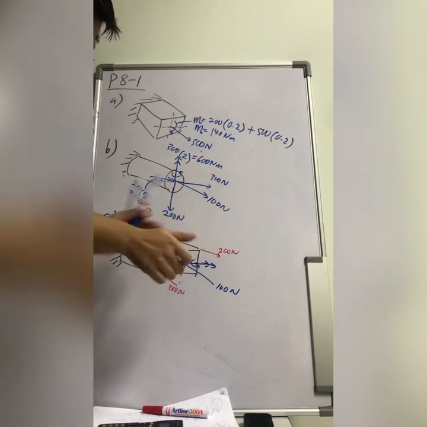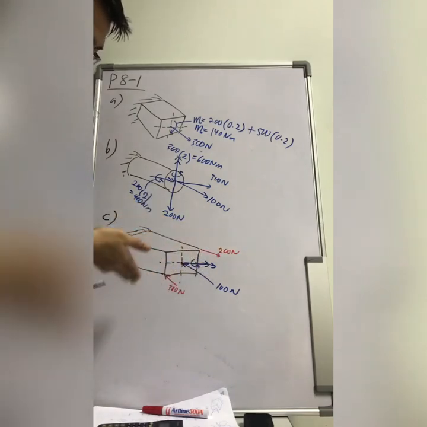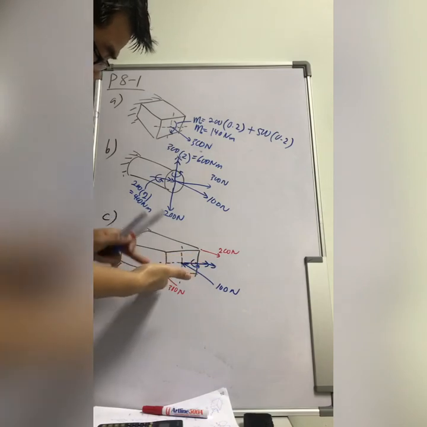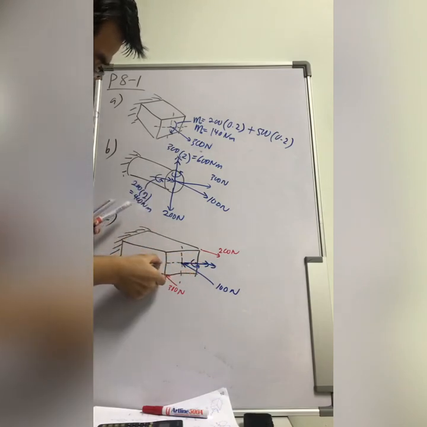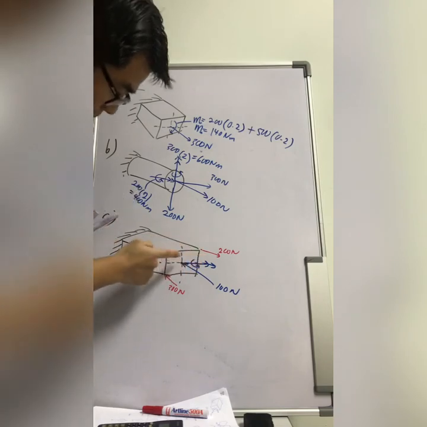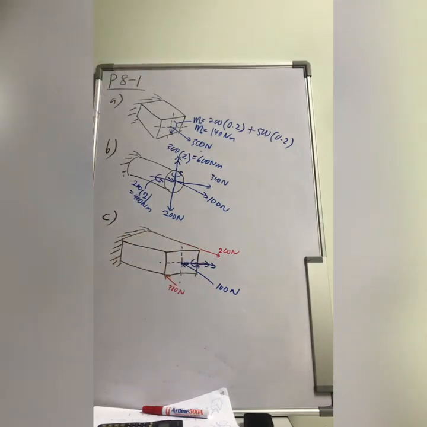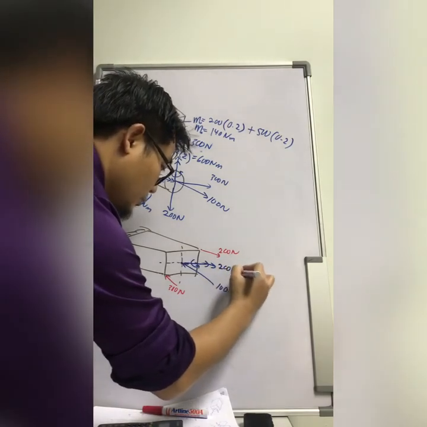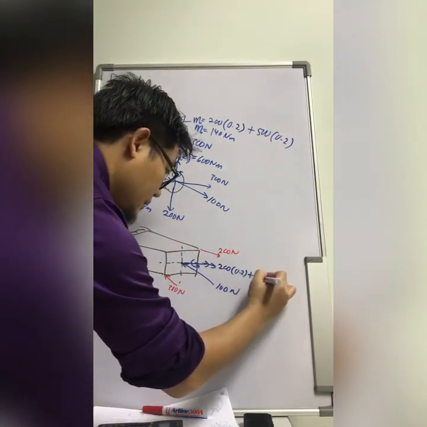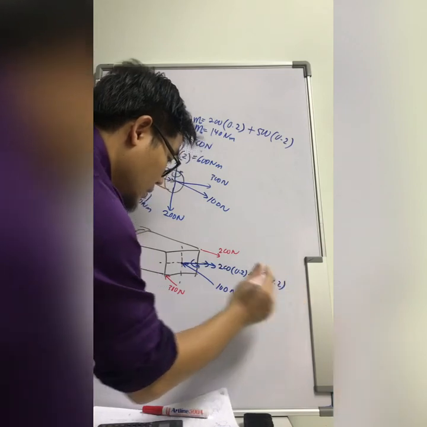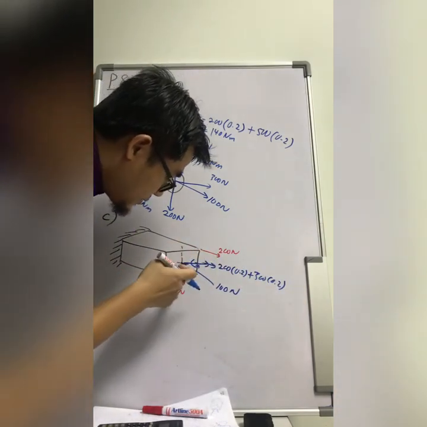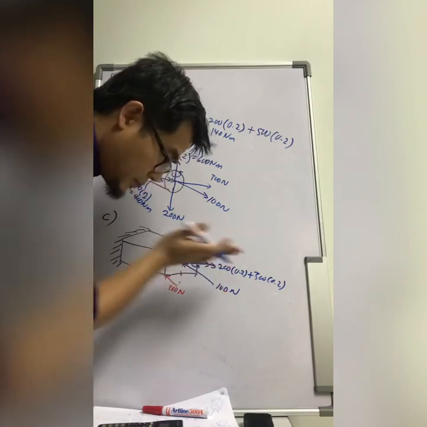Curl, and the thumb gives you that direction. This 300 Newton, take this arm, which is 0.2 here, curl that one, same, will give you this moment. So for this moment, you have 200 times 0.2 plus 300 times 0.2. Both have the same direction.